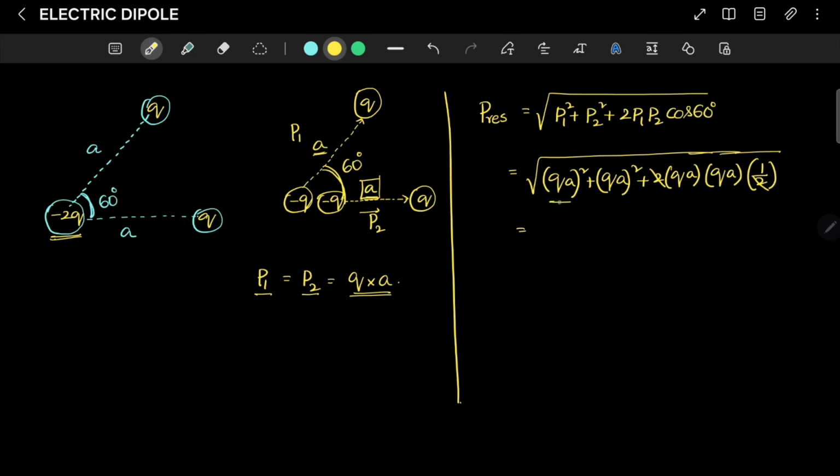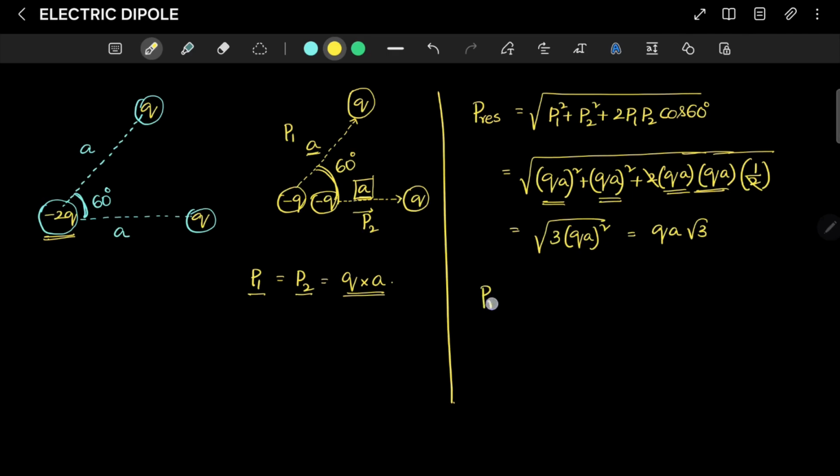Observing this, (QA)² plus (QA)² plus (QA)² gives root over 3 times (QA)², which is QA into root 3. So the final resultant dipole moment is root 3 QA. That is how you can find the dipole moment of this particular combination.